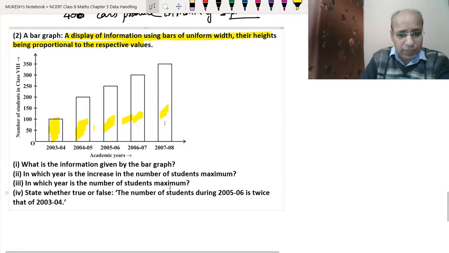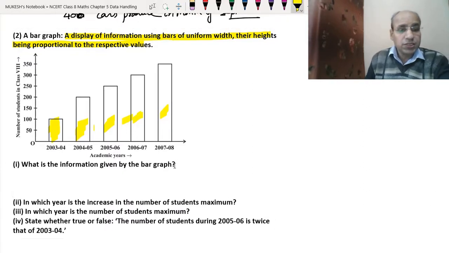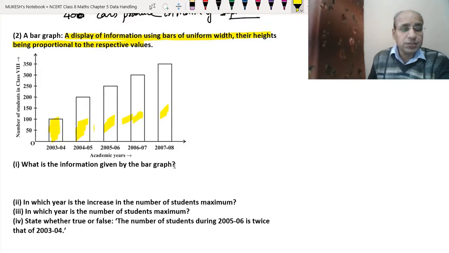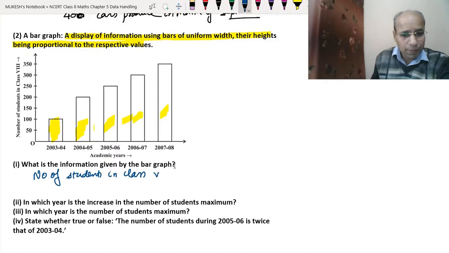Okay, so first of all, they have asked what information is given by the bar graph. What is given here? The academic year is given, and here the number of students are given. So we can write: the number of students in class 8 in different academic years.